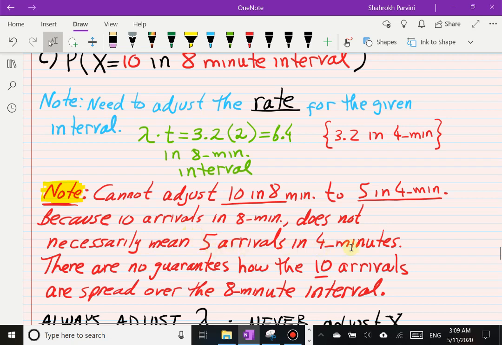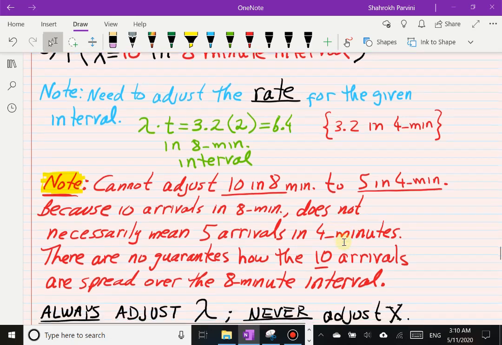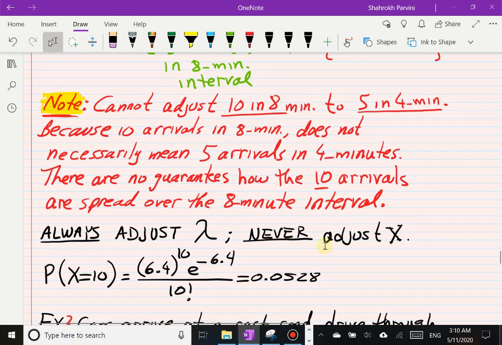Okay, there's no guarantees, because we don't know the distribution of how these 10 arrivals are spread out over 8 minutes. Remember, our time interval is going to be very small. So we don't know the distribution of arrivals within a given time interval. We just know whether it's going to happen or not. Bernoulli. And so we always adjust lambda. You never adjust the x.